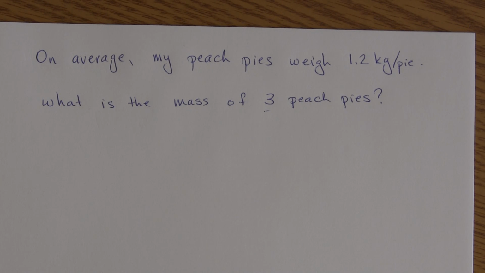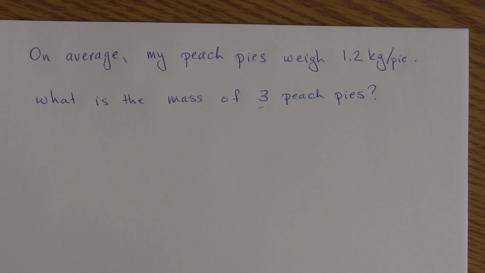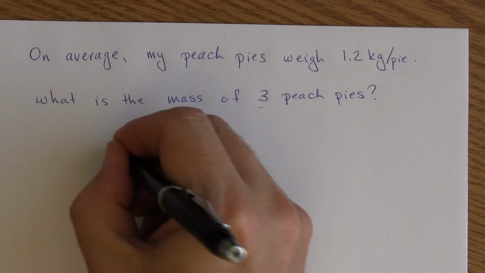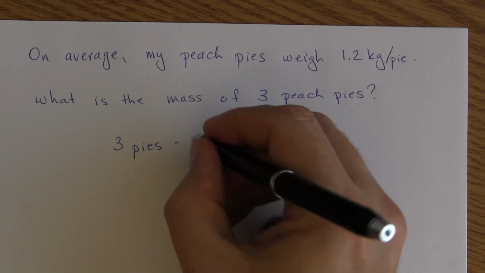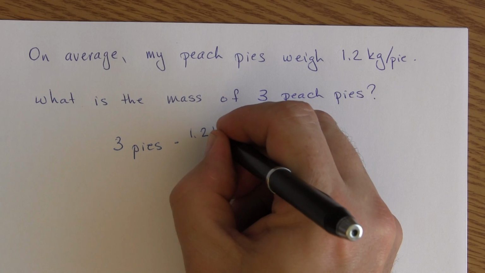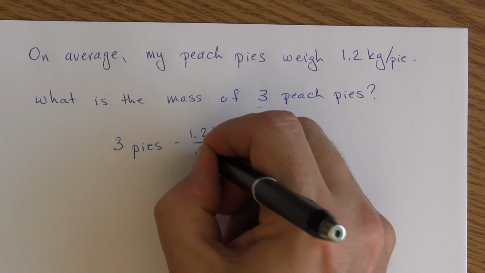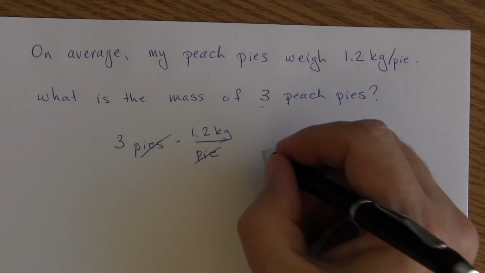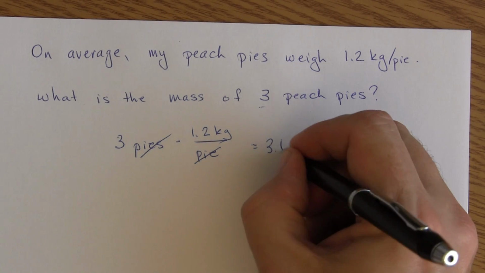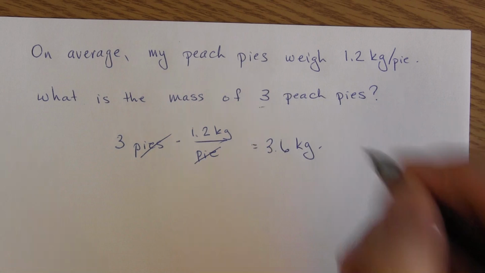And in this case, we'll treat that as 3 complete pies with infinite numbers of significant figures. Let's go ahead and do our multiplication now. 3 pies times 1.2 kilograms per pie. My units of pie cancel, and I get 3.6 kilograms of total mass.